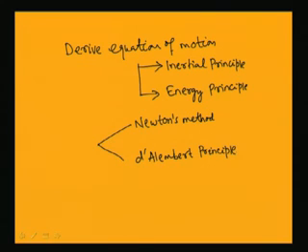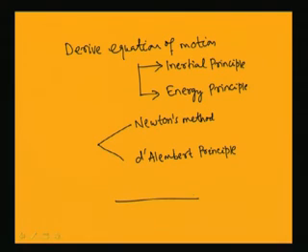D'Alembert principle converts a dynamic system to an equivalent static system by introducing the inertia force on the system. If you have a system, let us consider this mass, subjected to a force F. When this force is applied to the mass, it will have an acceleration.